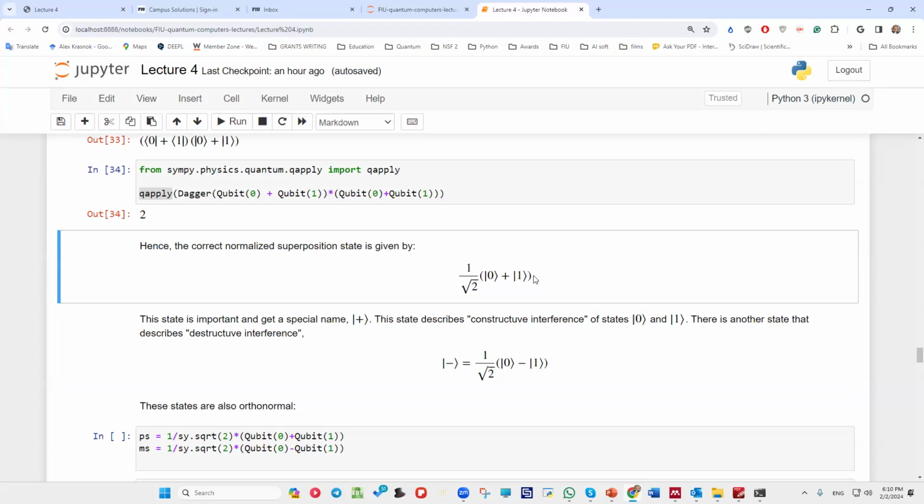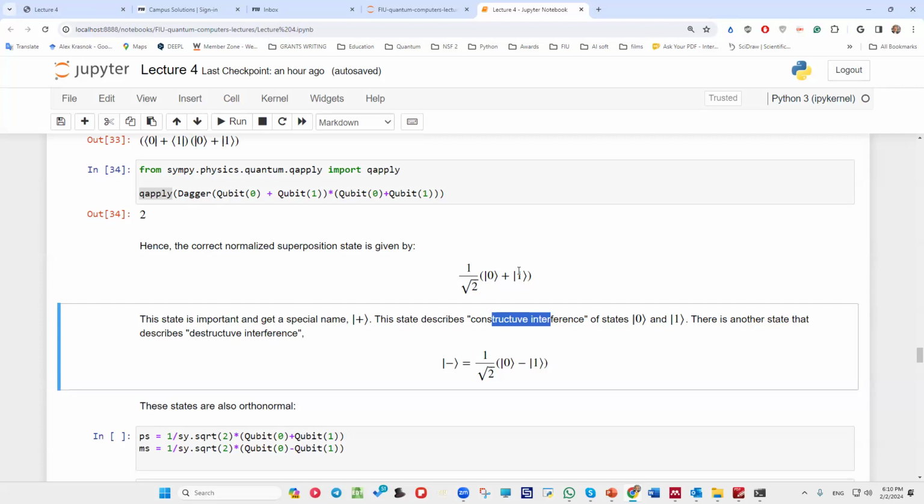Now one can ask why we use plus here, not minus. Indeed, this plus corresponds to so-called constructive interference, when one state contributes constructively to another one.